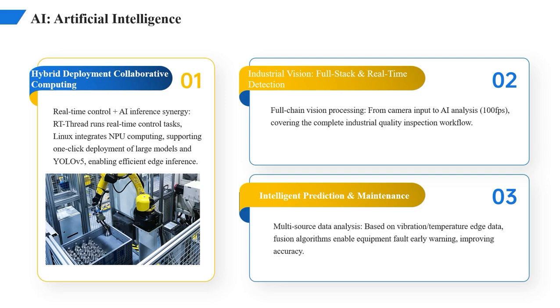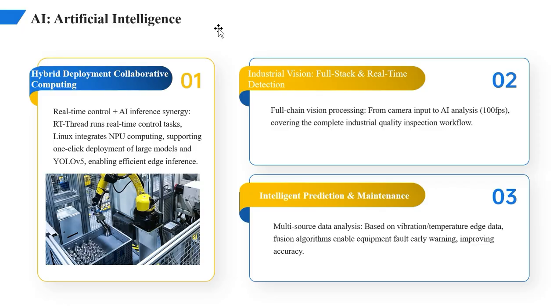And about artificial intelligence, RuiQing delivers 3 AI capabilities. The first is heterogeneous deployment and computing. This computing runs real-time control on the RT thread, while Linux handles the NPU accelerating the inference. Model files deploy with one click.